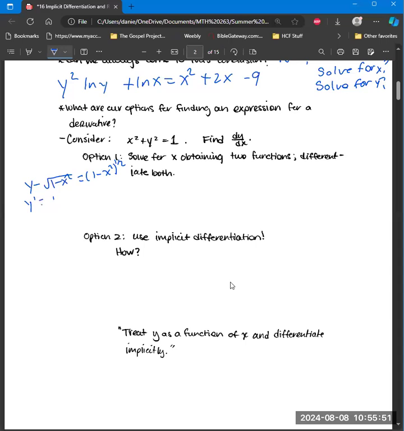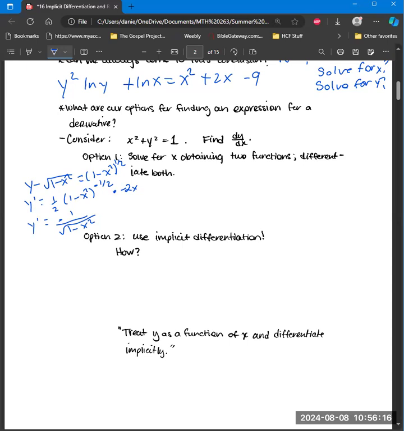Y prime is going to be 1/2, 1 minus x squared to the negative 1/2 power times a negative 2x when we take the derivative of the inside. Half of negative 2 is negative 1. Y prime is going to be a negative 1 over the square root of 1 minus x squared.